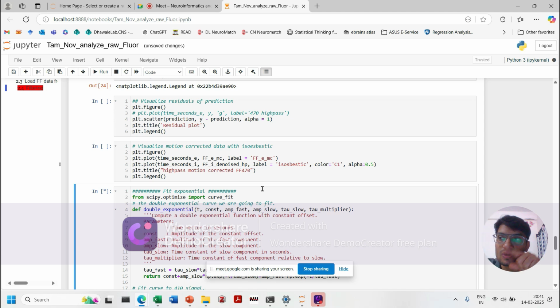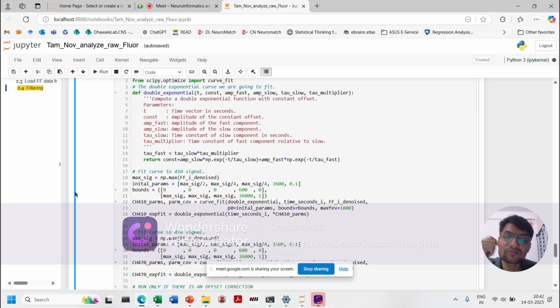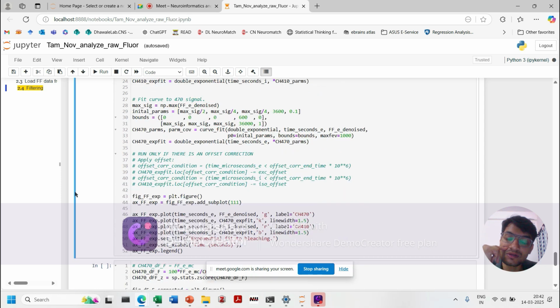So if your f was high, then that signal increase will be high. And if f was low, then that signal increase will also be low. So in the end, you do delta f over f, and for that baseline f you need to have that exponential fit. That's why we saw that exponential fitting thing.